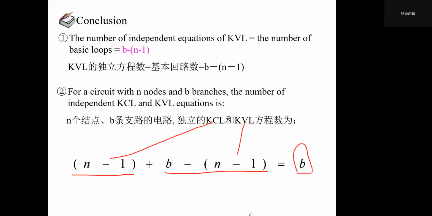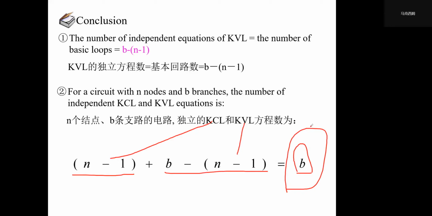So the total number is definitely B, and it could be reached from the n-1 KCL equations and B minus n-1 KVL equations. So this is how we are going to achieve those B equations.